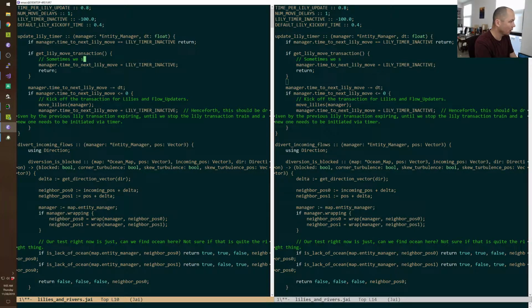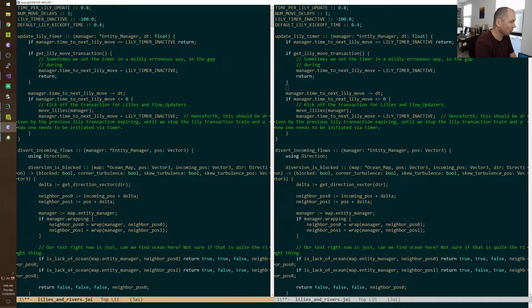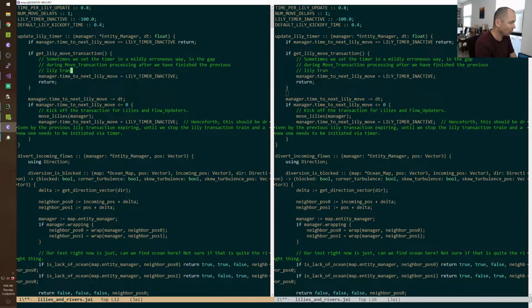Sometimes we set the timer in a mildly erroneous way in the gap during move transaction processing, after we have finished the previous lily transaction but before we've started the next one.